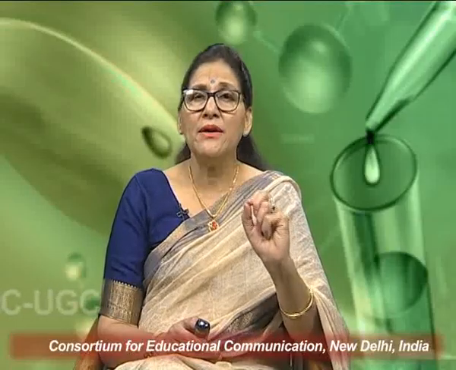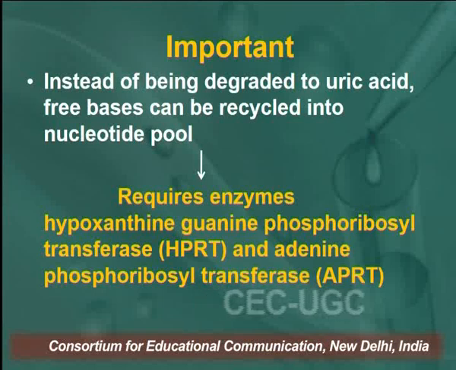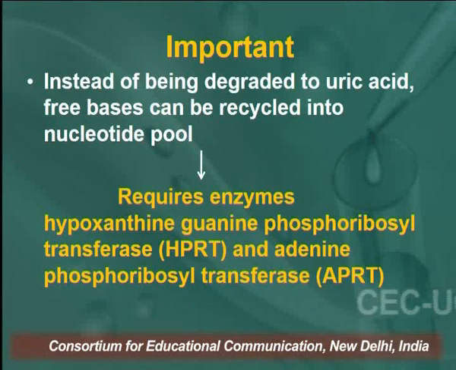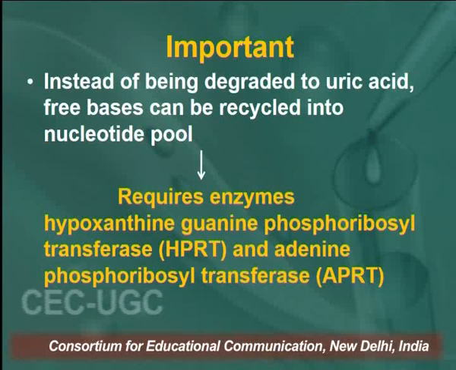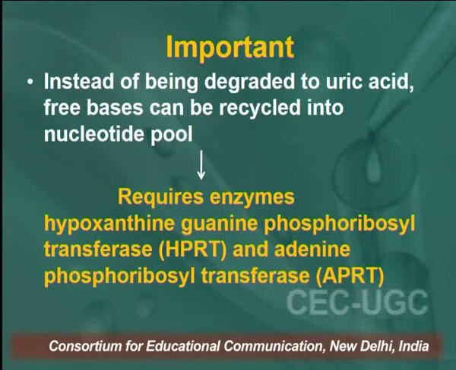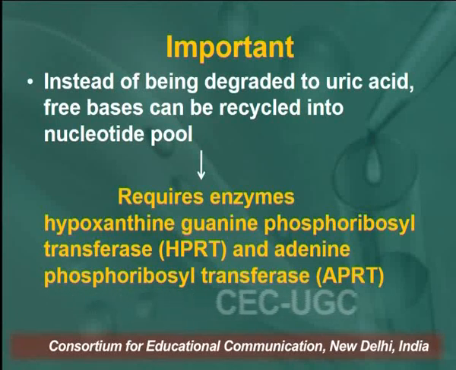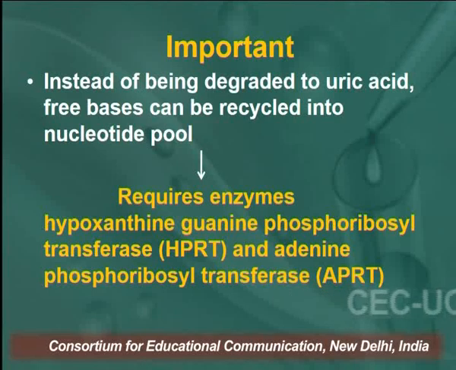Instead of being degraded to uric acid, free bases can be recycled into nucleotide pools, and this requires the enzymes hypoxanthine guanine phosphoribosyl transferase, called HPRT, and adenine phosphoribosyl transferase, APRT.